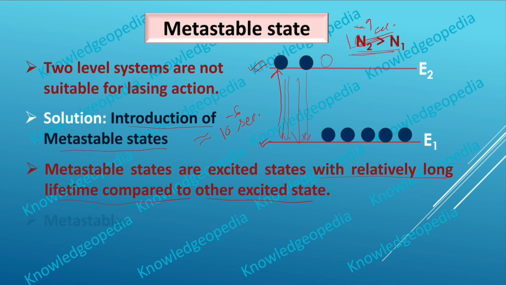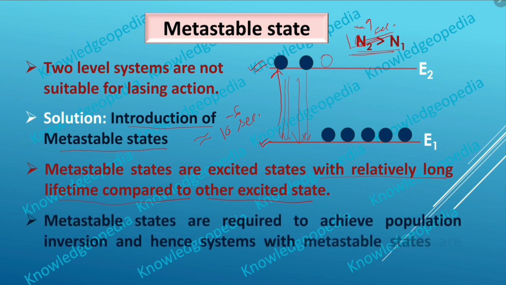So these metastable states are required to achieve population inversion, and hence systems with metastable states are suitable for lasing action. If the system has only these two levels, then it is very difficult to get population inversion, and those materials are not suitable for lasing action. But the materials which have metastable states in between these two levels, in those materials we can achieve population inversion, and hence those materials are suitable for lasing action.